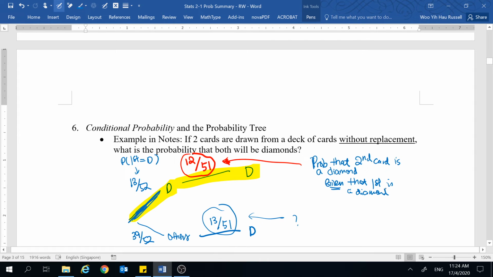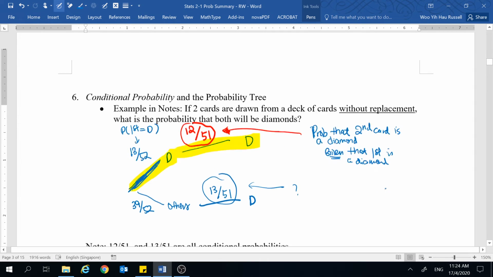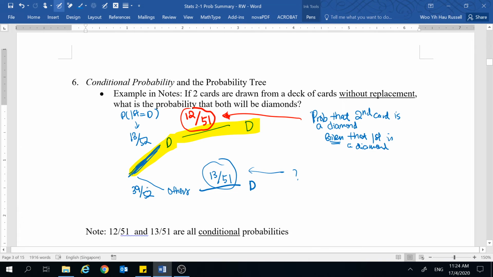Had the first card not been a diamond, which is here, then the probability that the second card is a diamond is 13 over 51, not 12 over 51. Get it?